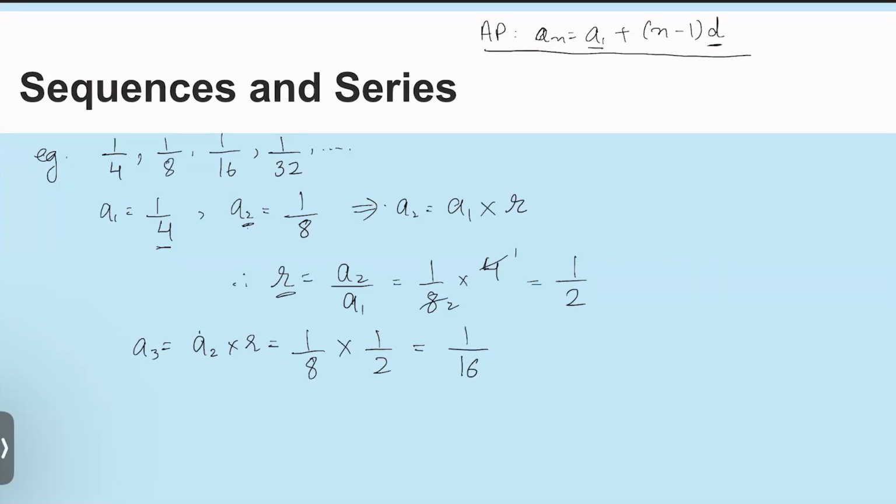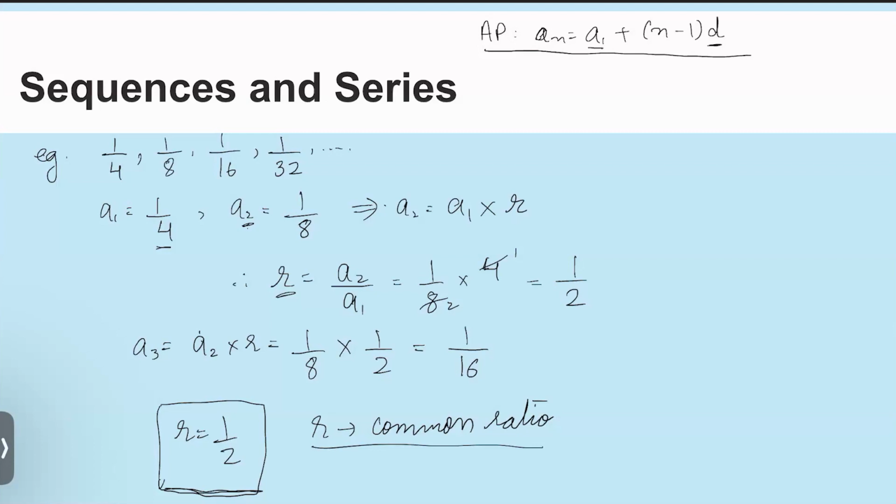So you see that we do get 1/16. Hence this R, which equals 1/2, is crucial for the pattern followed by this geometric sequence. This R is called the common ratio.